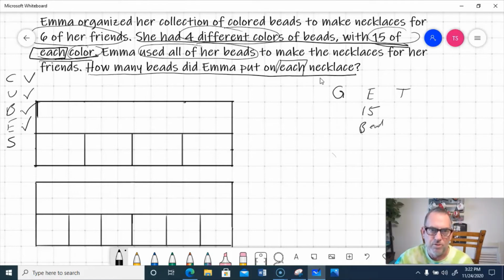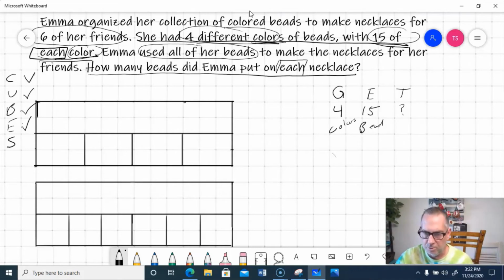I have 4 different colors of beads, so 4 is my groups, and those are colors. What I'm trying to find out is how many total beads she has.